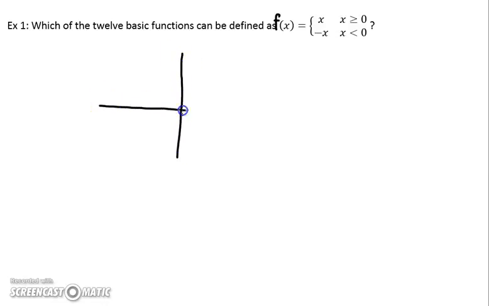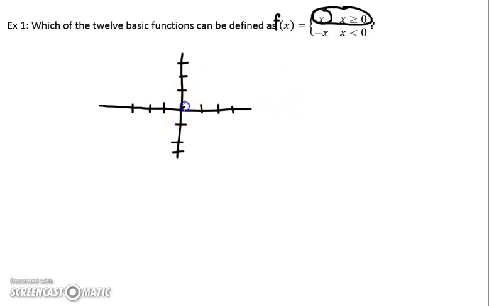So if we draw our axis in there, we'll just throw in a couple points. So how we want to think about this is in two separate parts. We want to think about this first part here when x is greater than or equal to 0. Our function f of x is going to act like x.